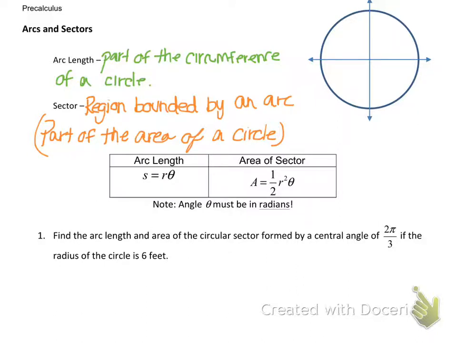So if you look at our little diagram to the right, if I have a central angle like such, that's theta, and therefore I have an arc length, which is all the way like that in green, so that's S. And then I know that my radius is right here. So again, just to confirm in radians, and then our sector is going to be this area right here.